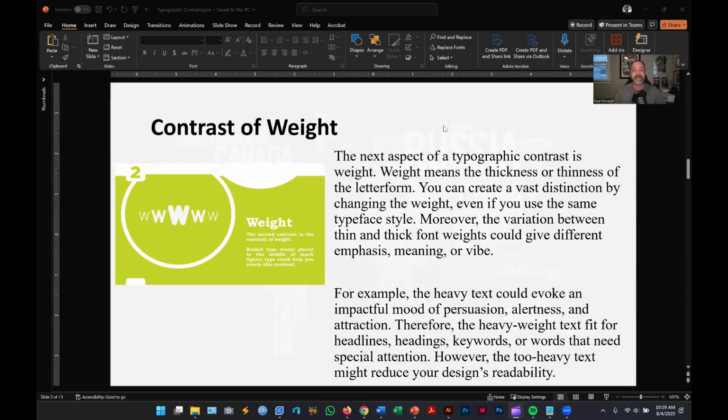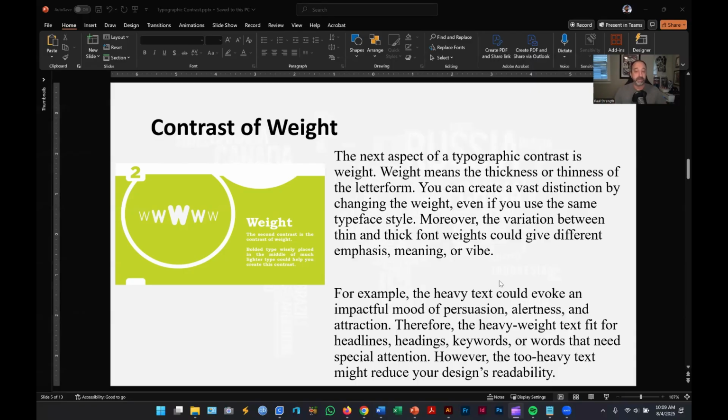You can create a vast distinction by changing the weight if you use the same typeface style. Moreover, the variation between thin and thick font weights can give different emphasis, meaning, or vibe. So we are talking about heavy, bold, semi-bold, medium, and regular, then into thin, ultra thin, and so on.